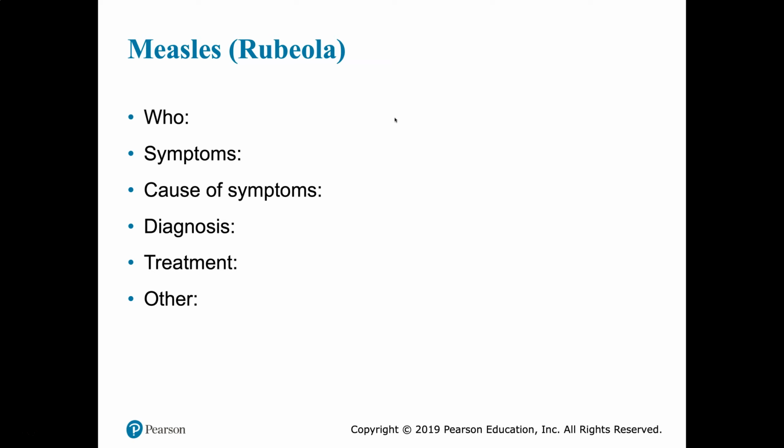There's a lady in Canada as well who had something like 7 or 8 children, and she didn't vaccinate them, and then several of them died, and then she finally vaccinated the other ones. So again, this is a very dangerous virus. The vaccine for this is very, very important.